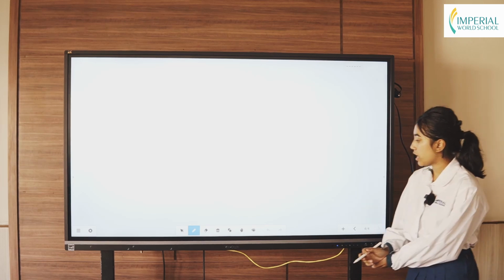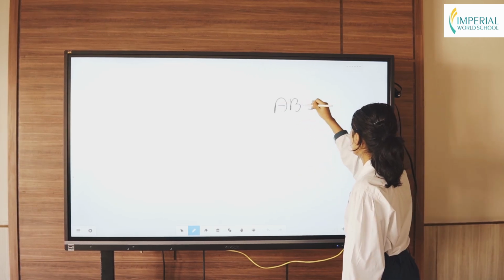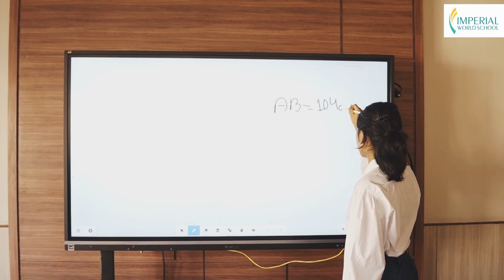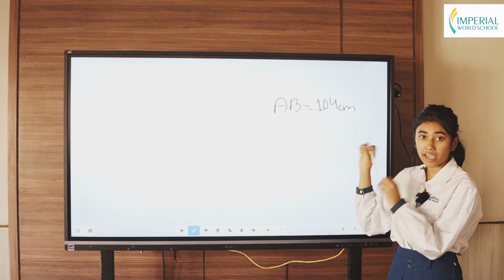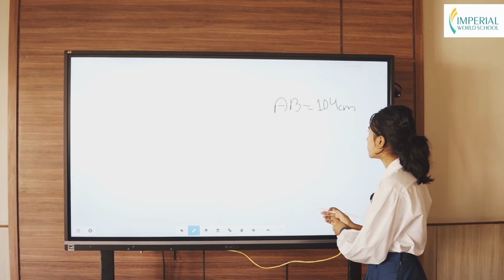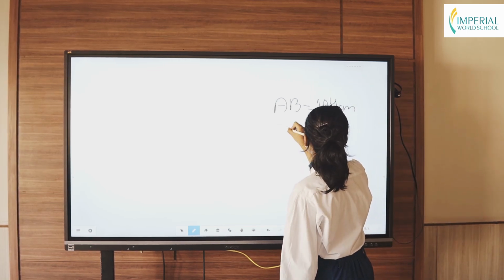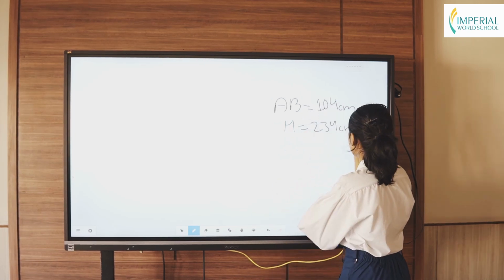Now that we know that AB is 104 centimeters, we need to find the height of the person. So we know that the total height from the ink mark to the ground level was 234 centimeters. So we can write height was 234 centimeters, and we can minus these two.